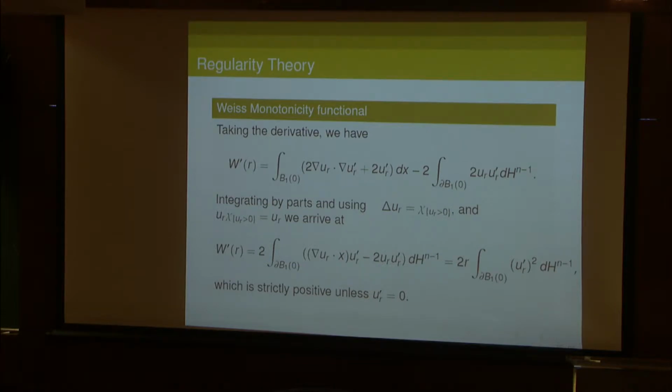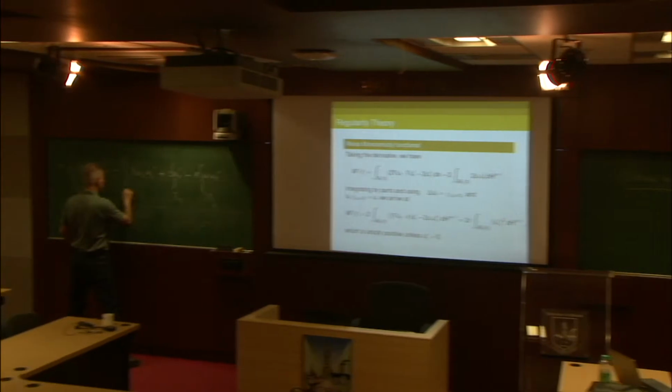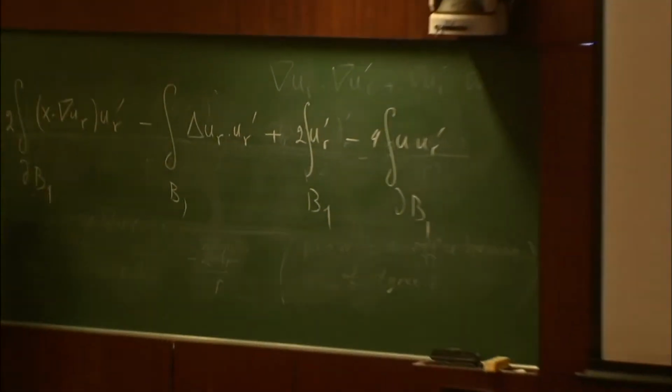I had a 2 or something before. And then minus Laplacian of u_r times u_r prime. And then I had plus 2 times u_r prime. And then minus the last integral, which is 4 times u_r prime on the boundary of B1.